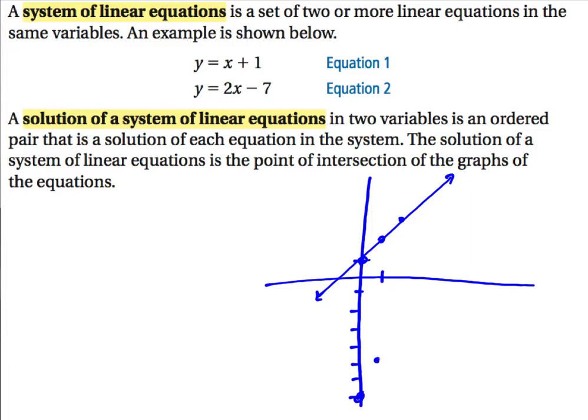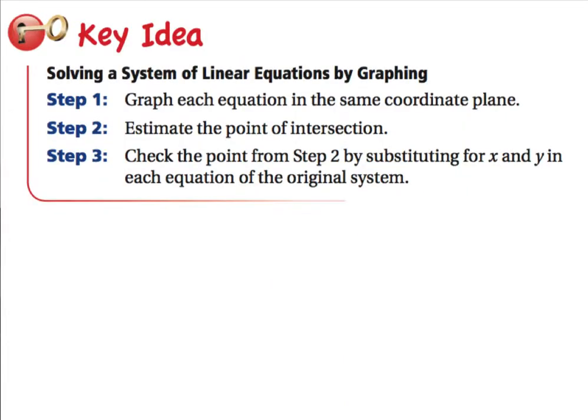It's going to go up 2 over 1, up 2 more and over 1, up 2 more over 1. It will end up crossing somewhere up there. I'm not exactly sure at the moment. Let's just go to our first example. It will cross though, and the place it crosses will be a solution.